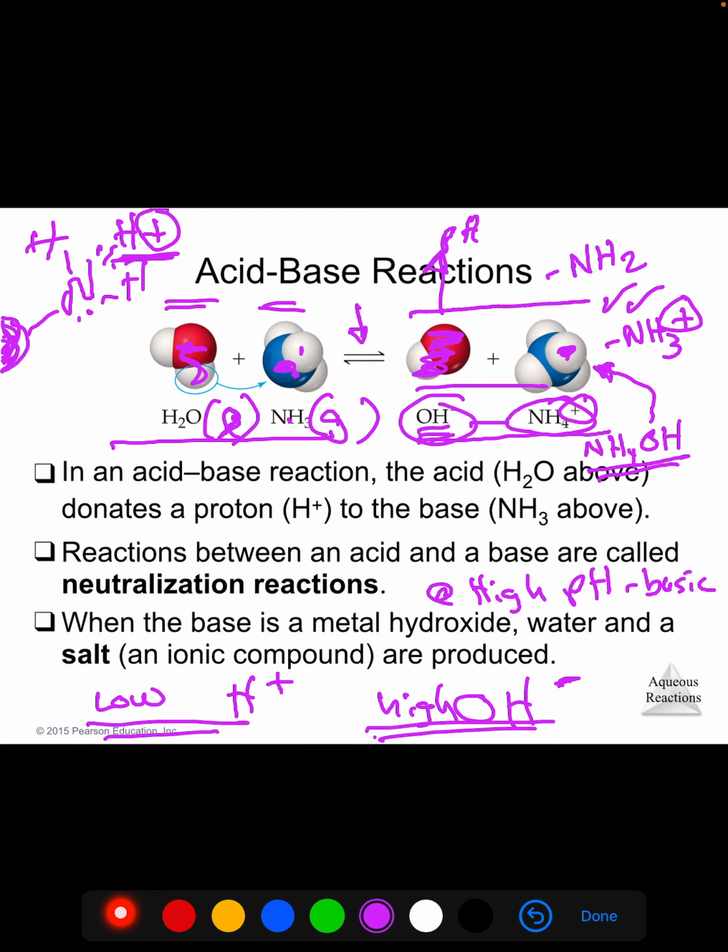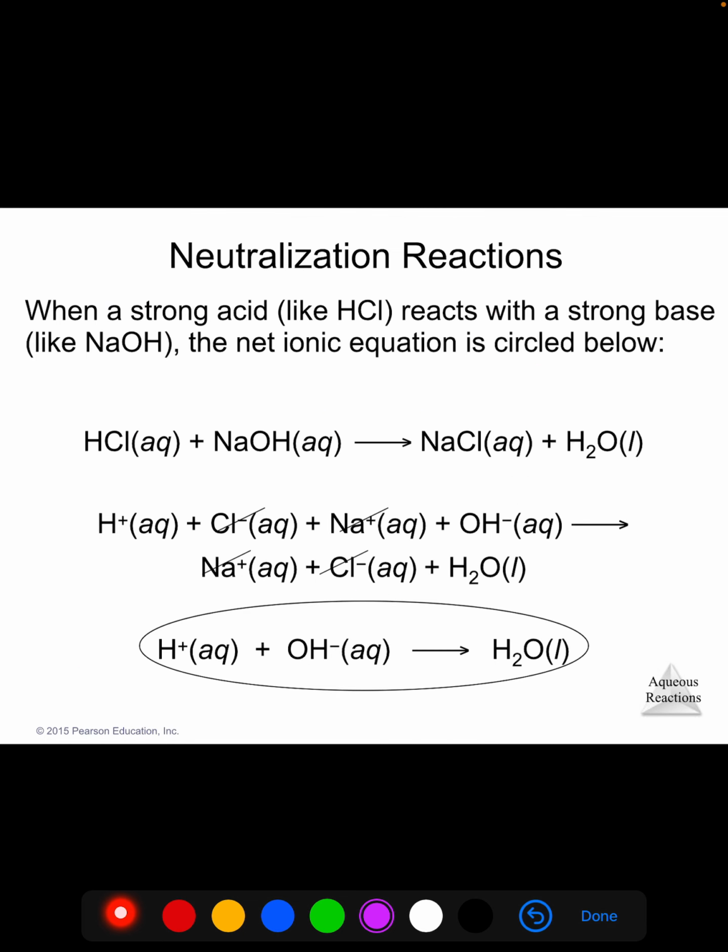However, we want to look at these reactions where we mix an acid and a base. They're called neutralization reactions, and a neutralization reaction produces water and a salt. Let's look. Hydrochloric acid reacts with sodium hydroxide. This is an acid, strong acid. This is a strong base. But I'm going to do the dance, okay?